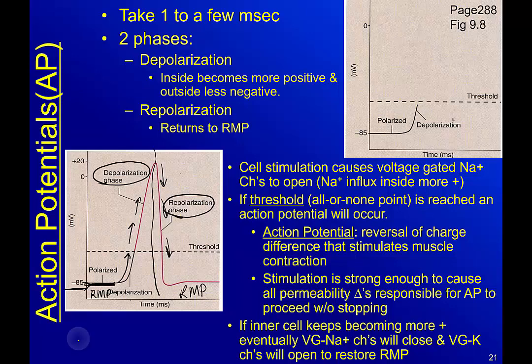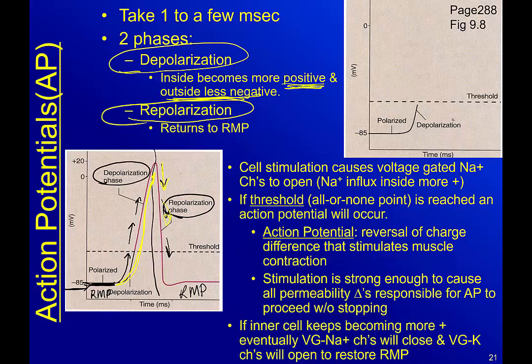So during depolarization, the inside of the cell becomes more positive and the outside less negative. So we see that when this pops up like this, the inside is becoming more positive than the outside. During repolarization, think of the word rewind. It goes back to negative, to the resting membrane potential.